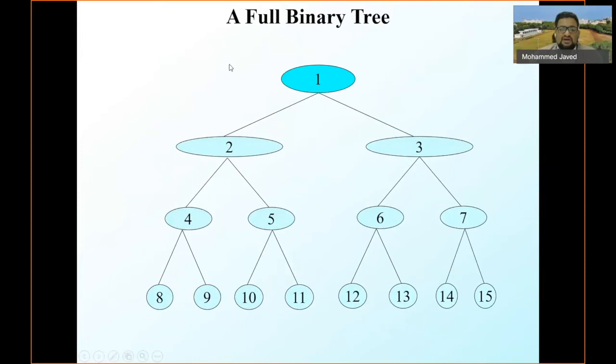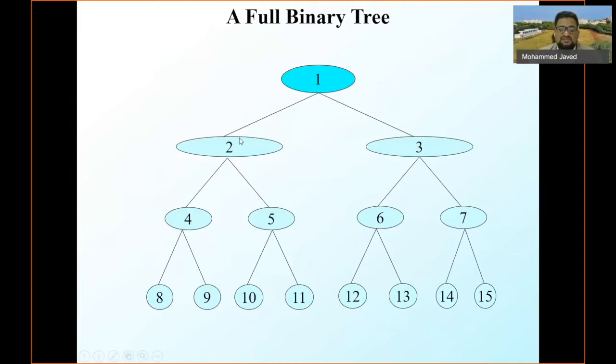And the other binary tree is a full binary tree. What is the definition of a full binary tree? A full binary tree is a binary tree in which every node other than the leaves has exactly 2 children. Sometimes the full binary tree is called the proper binary tree.